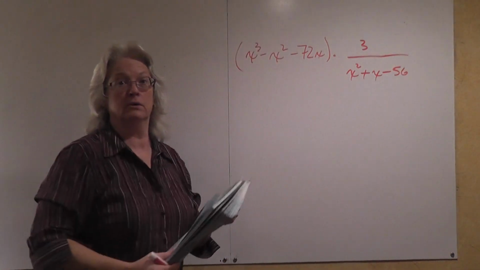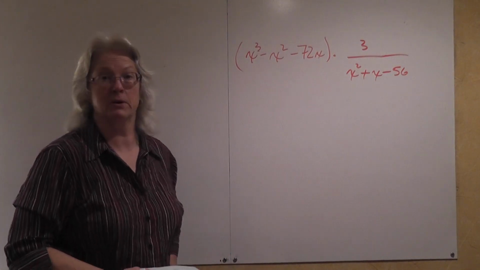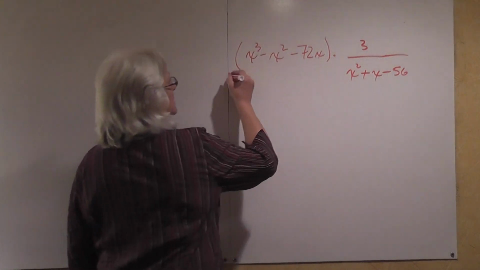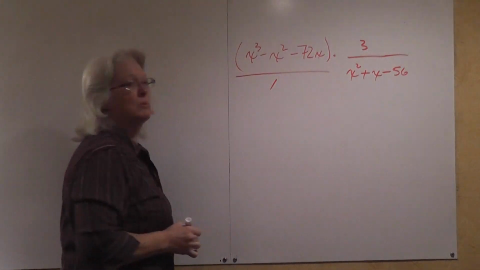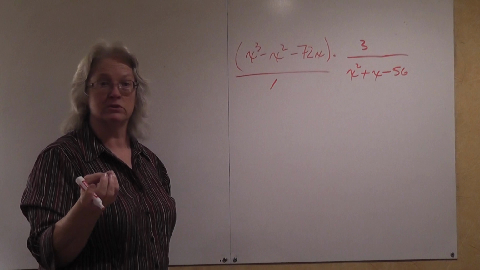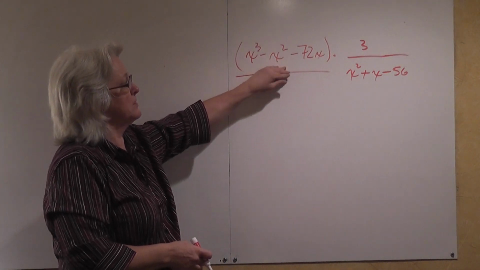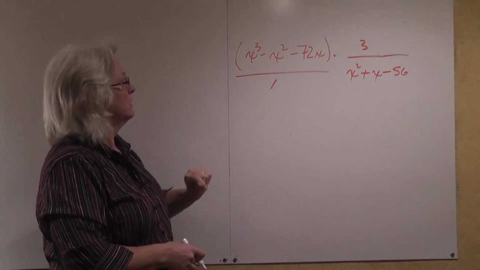And you think, oh my word, what in the world am I supposed to do there? I don't see a single thing I can do. Well, remember that you can make anything look like a rational expression by dividing it by 1. And we must be supposed to factor something here.